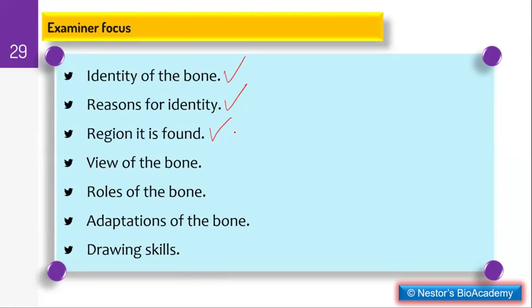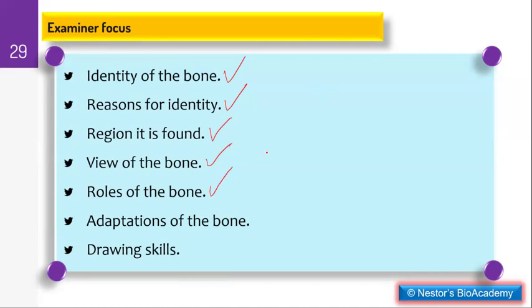Don't just say that the bone is found on the upper part of the body or lower part of the body. No, specifically, where do you find it? Then identification of the various views of the bones. And this is where the knowledge of the directional references, anterior, posterior, dorsal, ventral views, the knowledge of those orientational terms becomes very important.